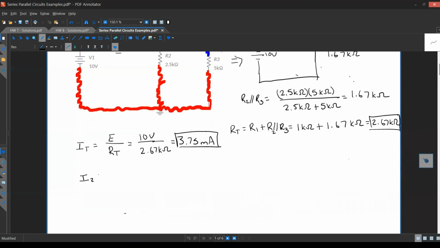So I2 is going to equal I total times R2 parallel with R3, divided by R2.